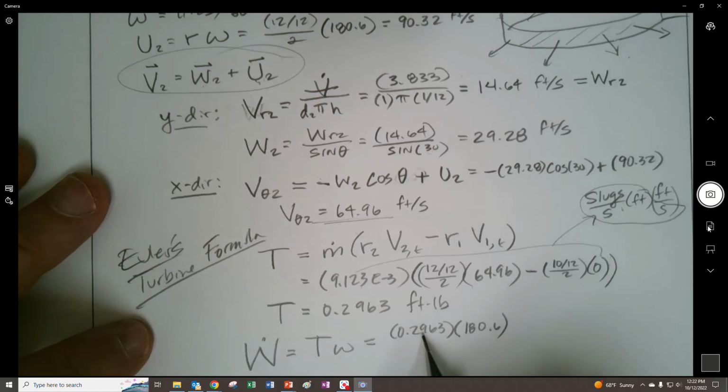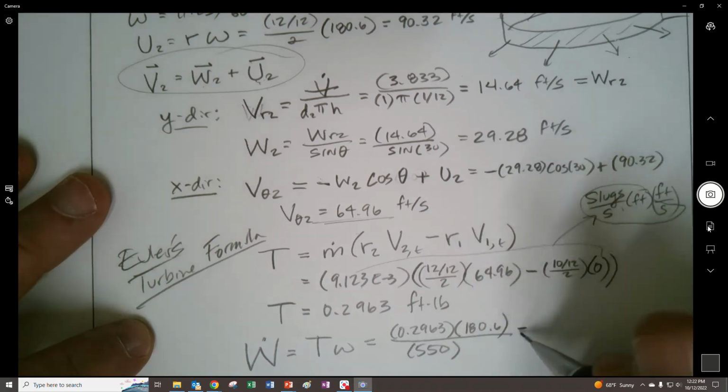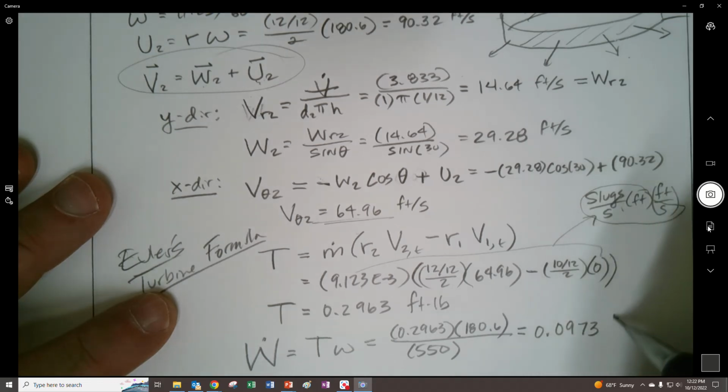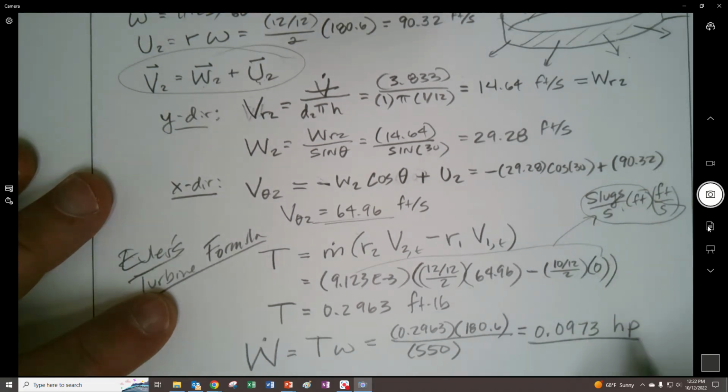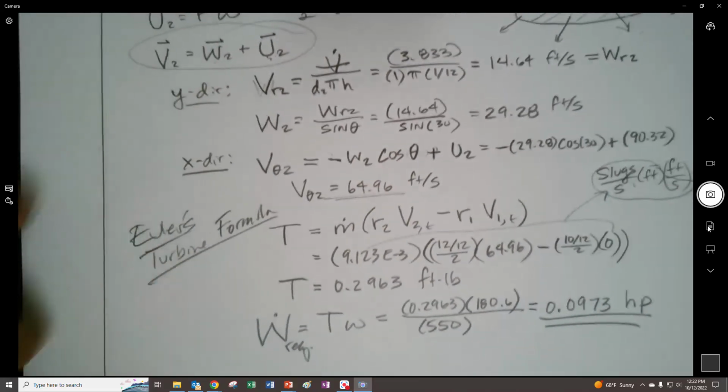And that's going to give us foot-pounds per second. We can divide by 550, which is foot-pounds per second per horsepower, and get into horsepower, and we're going to have 0.0973 horsepower. So this is the power required to be able to do this.